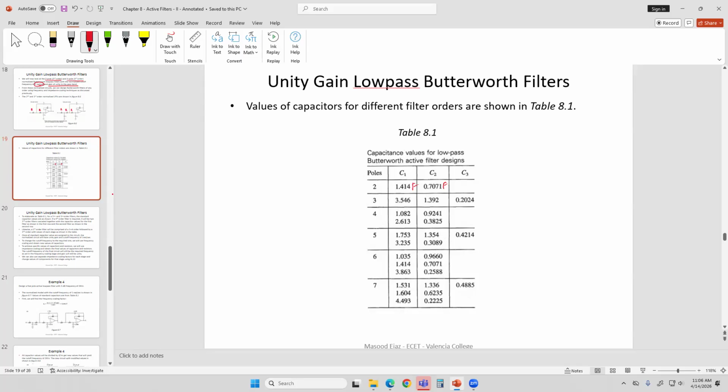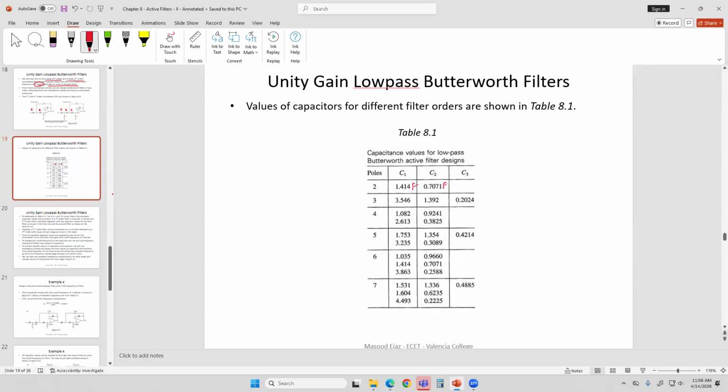Now, it's very important that you go with this table. If it says you have to put the third order filter first, you've got to put the third order filter first. Don't put first the second order, and then the third order. You're going to start with the third order. That will be followed by a second order filter. I think in the lab, you have to do a fifth order filter, I believe.